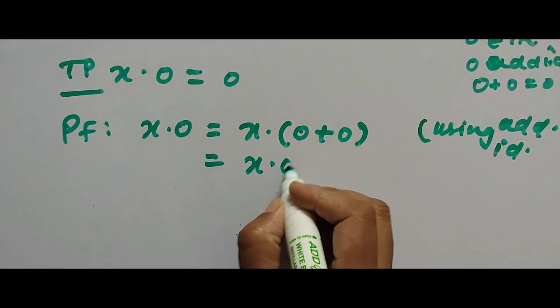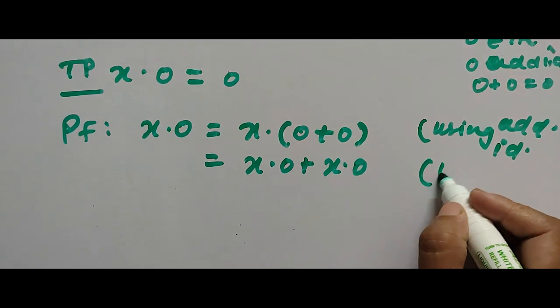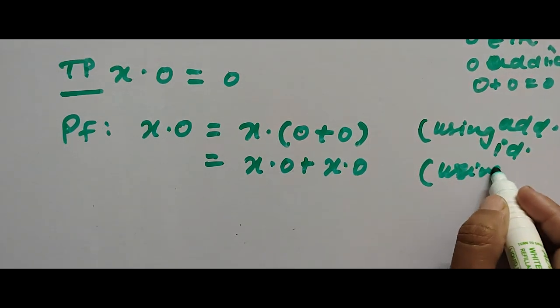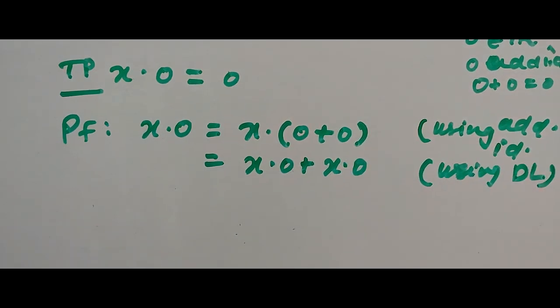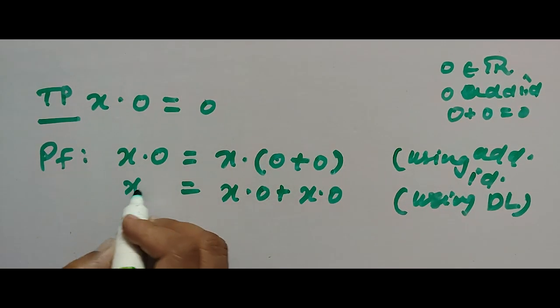So I can distribute it: x into 0 plus x into 0. Which axiom? Using distribution law. Fine. Here is x into 0.